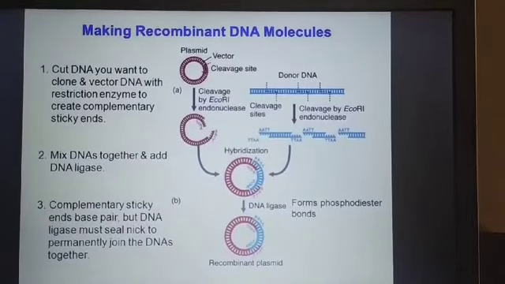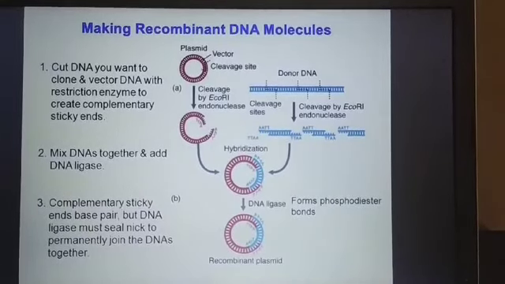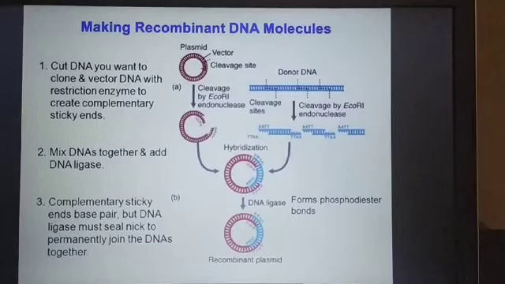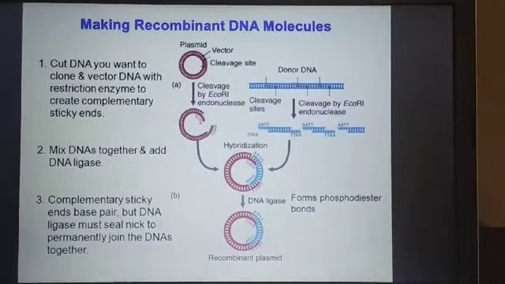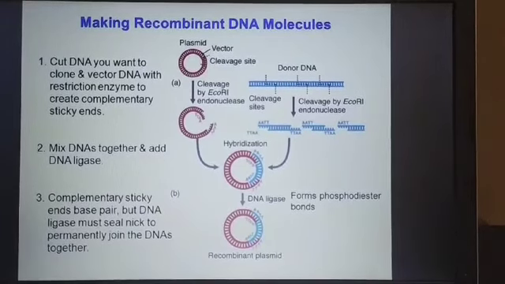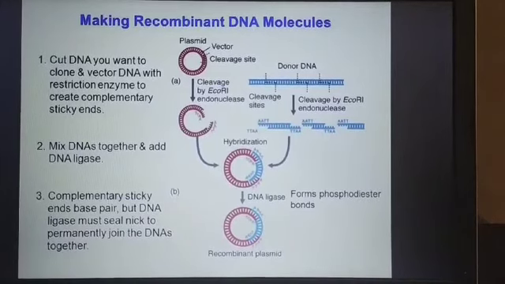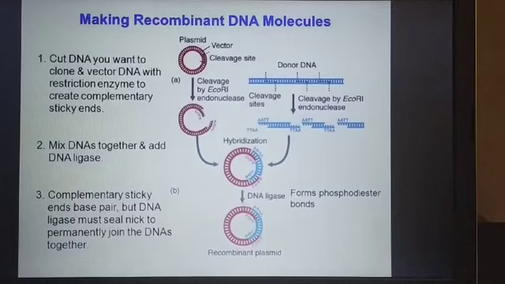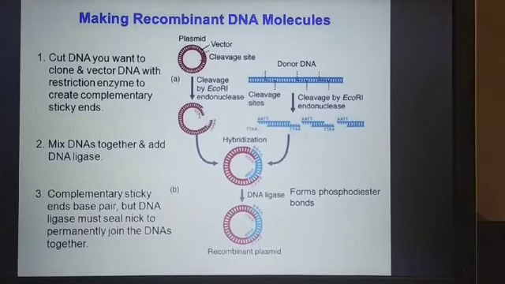And as we saw in earlier videos of genetic engineering, first of all we have to cut the foreign DNA with a particular restriction enzyme. The vector is also cut with the same restriction enzyme so that in both of them the same types of complementary ends are produced. These two are mixed together, and they will easily base pair with each other because the ends created in the cut vector as well as in the foreign DNA are complementary to each other.